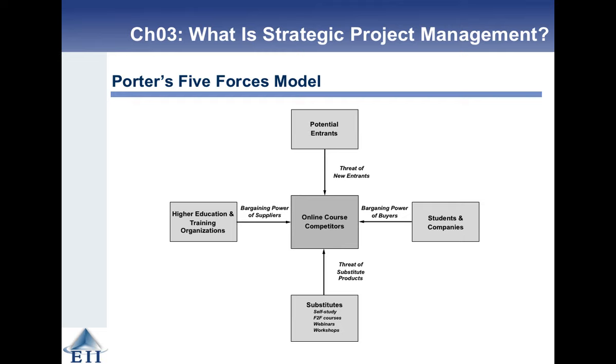And the 5 forces are the internal competitors, the market competitors, the bargaining power of suppliers on the left, the bargaining power of your customers or your buyers on the right, the threat of new entrants on the top, and the threat of your customers doing something completely different using substitute products on the bottom. And they're the 5 forces.